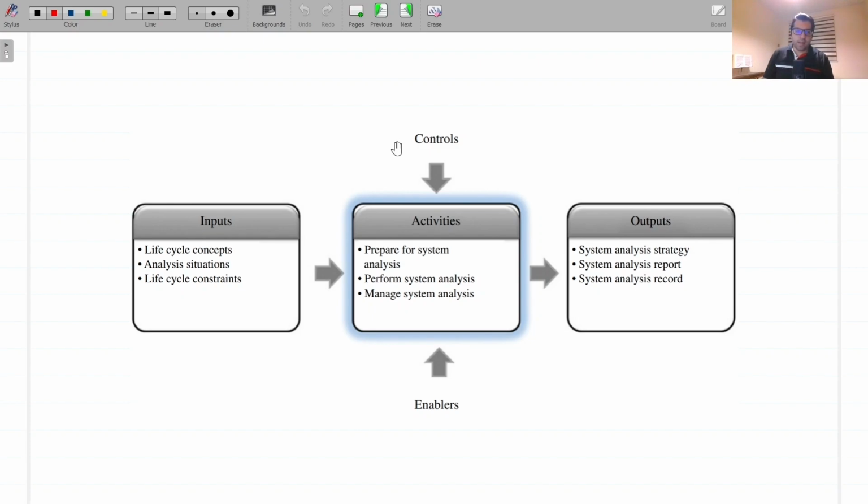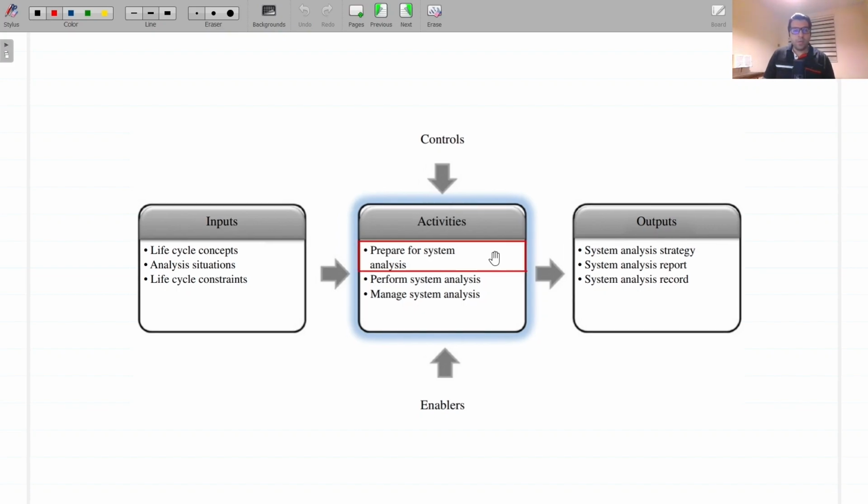The system analysis process includes the following activities. Prepare for system analysis. Define the scope, types, objectives, and level of accuracy of required analysis and their level of importance to the system stakeholders. Define or select evaluation criteria, for example, operational conditions, environmental conditions, performance, dependability, cost types, risk types.